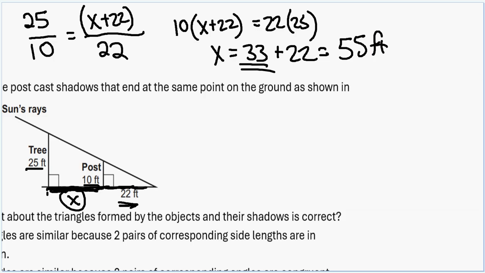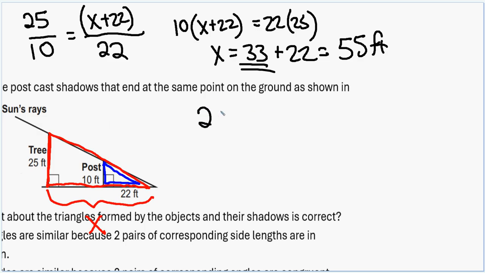Now that's one way to do it. There is kind of an easier way. I'm going to highlight the bigger triangle in red. So here's a big triangle, and let's call this entire side x. And then we've got the smaller blue triangle made up by the post. So I could set up a proportion here. I'm going to do 25 over 10 just like we did above. But now that's going to equal x over 22.